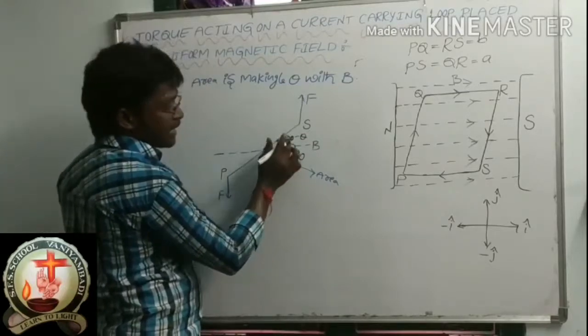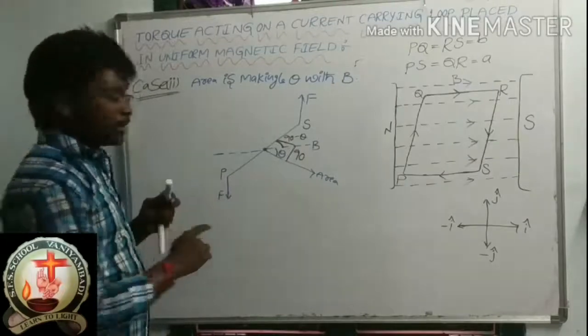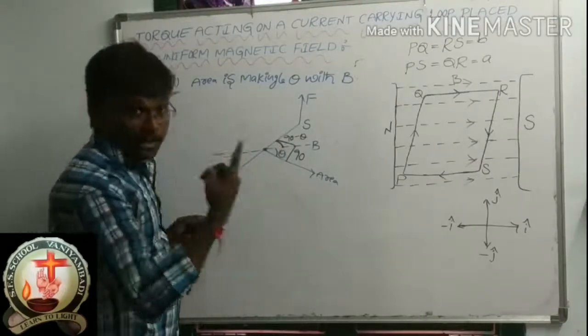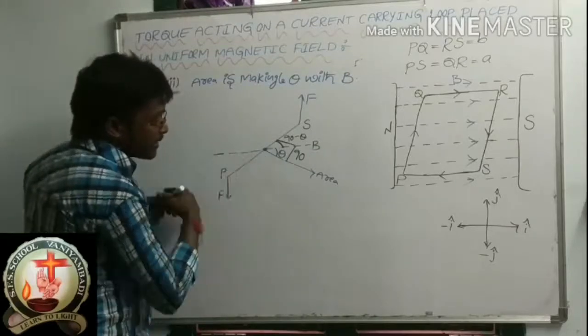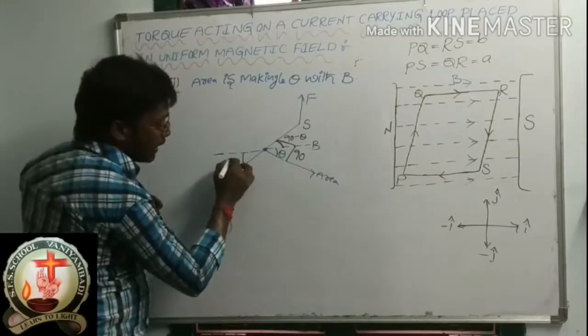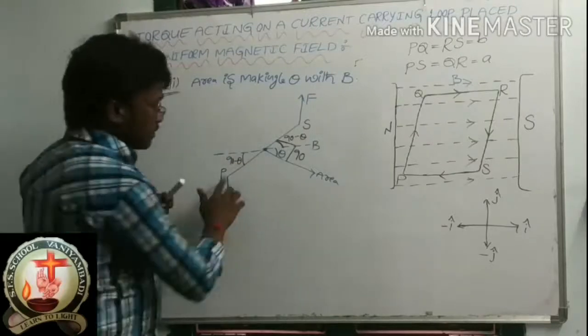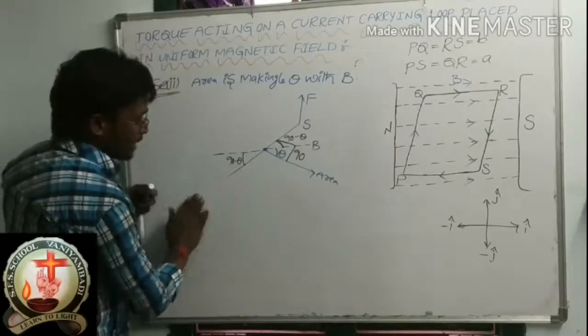Since this angle is 90 minus theta, corresponding angles are always equal. So here this angle is also how much? 90 minus theta.